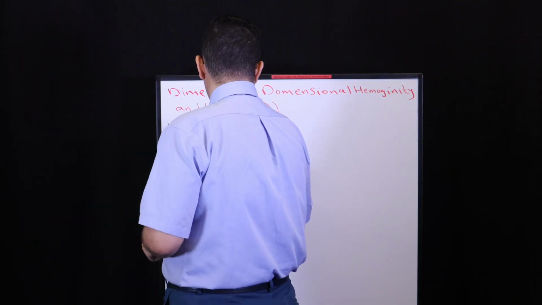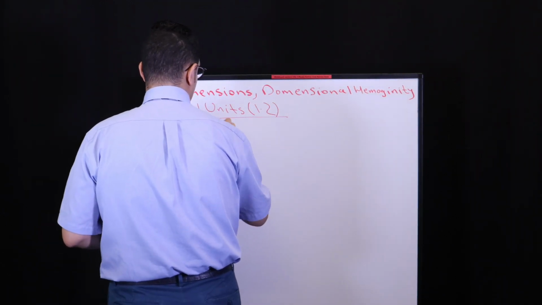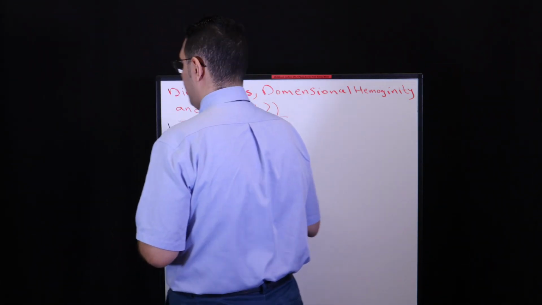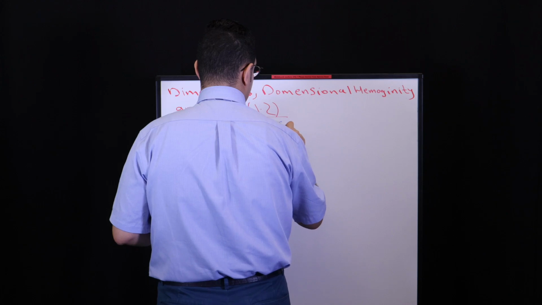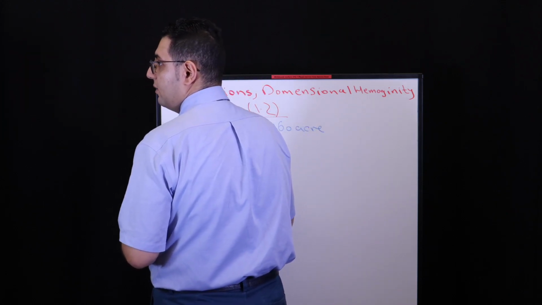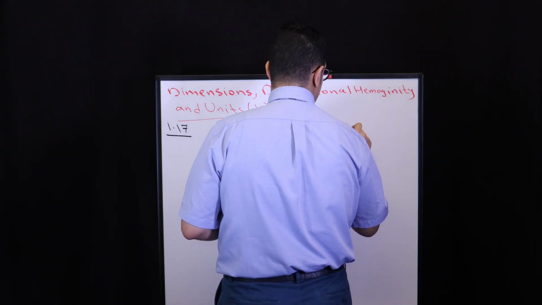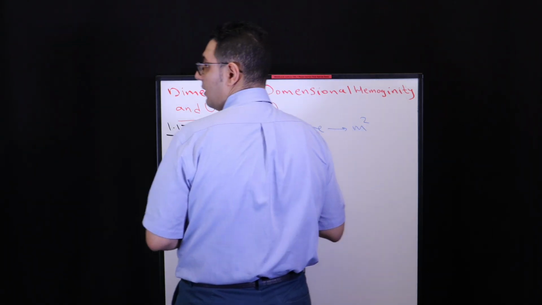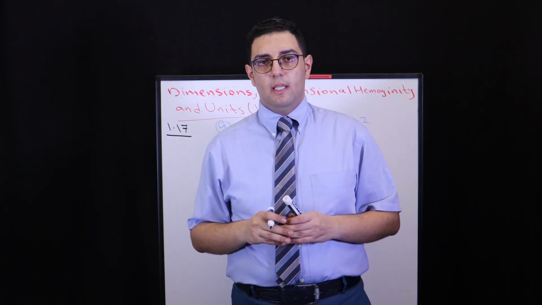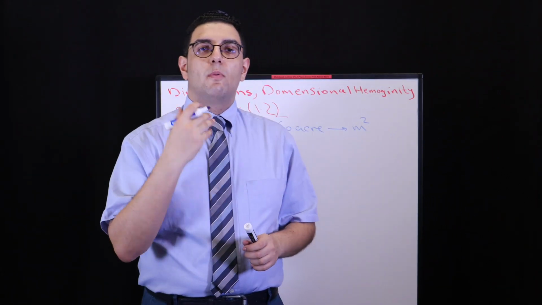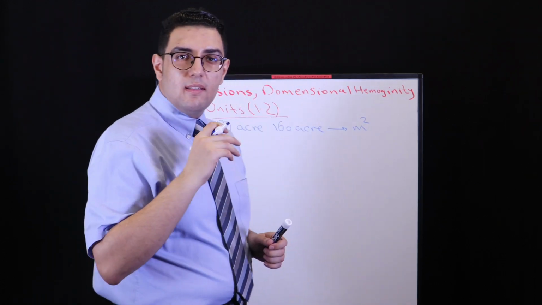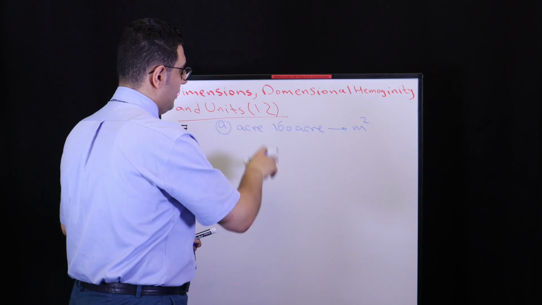The first is acre. 160 acres is going to be unit converted to square meters. If you have been through chemistry, there was a subject named stoichiometry. We're going to use the stoichiometry relations here as well.